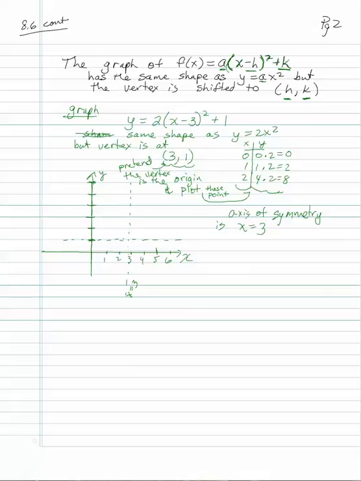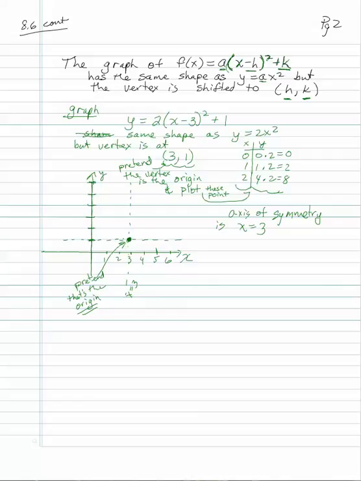I'm going to pretend the vertex 3, 1 is the origin. And from there, I'm going to pretend that's 0, 0, and plot my base graph y equals 2x squared.